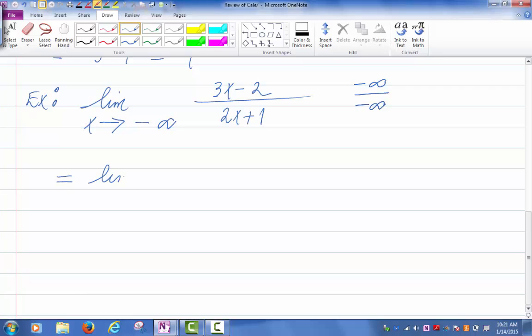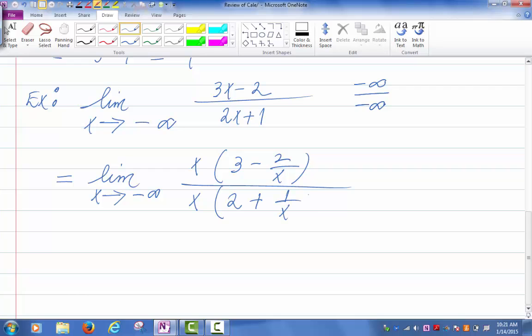Basically, when the limit form is plus or minus infinity over plus or minus infinity for a rational function, the trick that we applied was factor out the highest order term. So in the numerator, I'm going to factor out x, and that's going to give me 3 minus 2 over x. In the denominator, I'm going to factor out x, and it's going to give me 2 plus 1 over x.